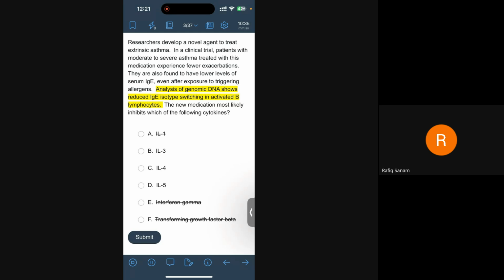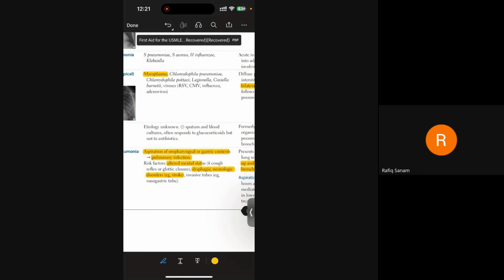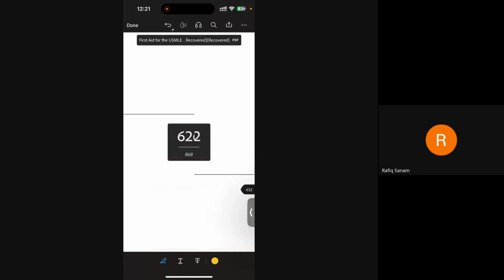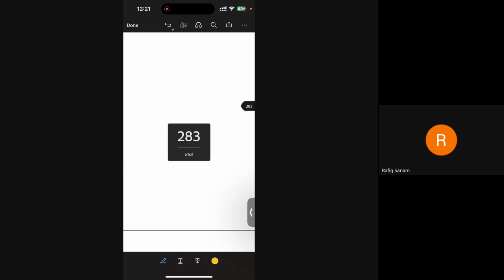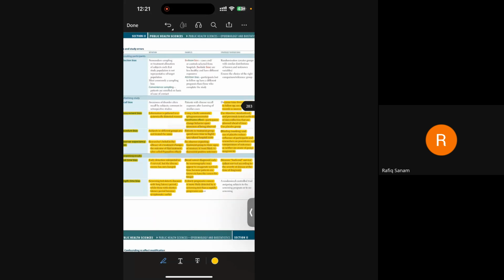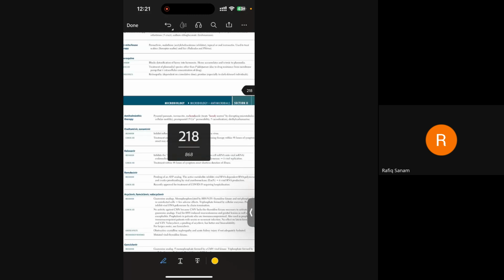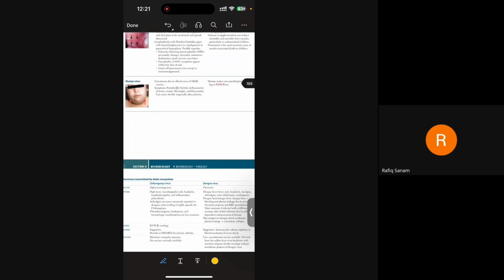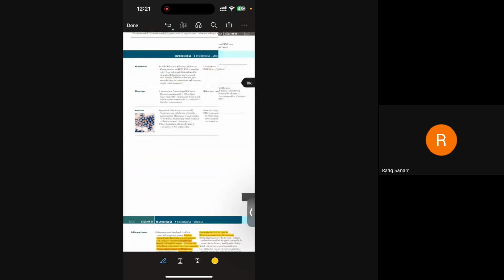But there's a trick in this question: analysis of genomic DNA shows reduced IgE isotype switching. Interleukin 5 is also involved in asthma and IgE, but it is not involved in class switching.